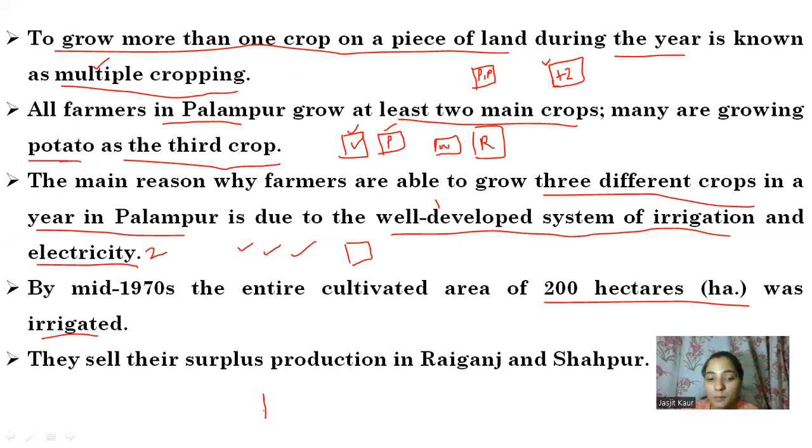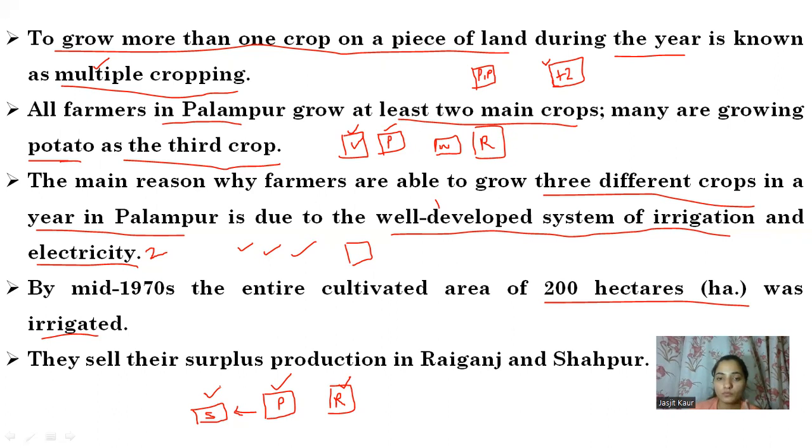As we know, Palampur village is connected with Raiganj and Shahpur towns, which are nearby towns. Whenever the farmers have surplus production of their crops, they sell it either in Raiganj or Shahpur, or in both areas. So this is the multi-cropping pattern they have adopted in village Palampur and how they are selling their surplus in the nearby towns.